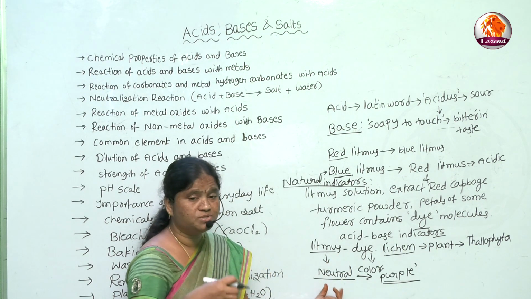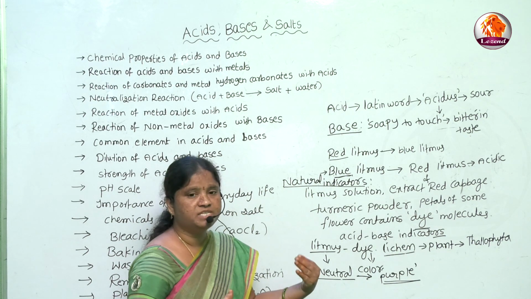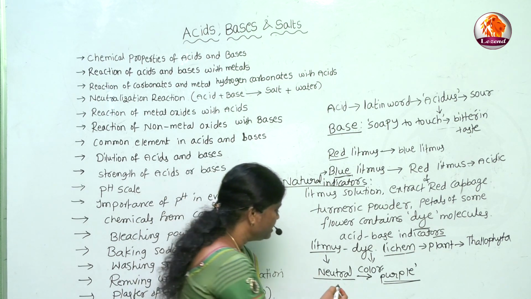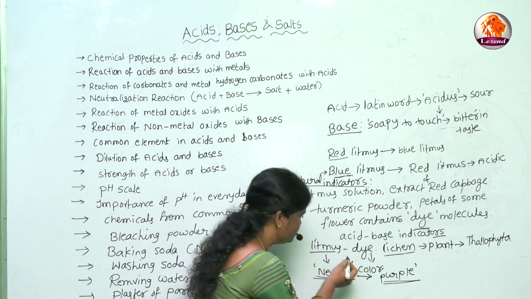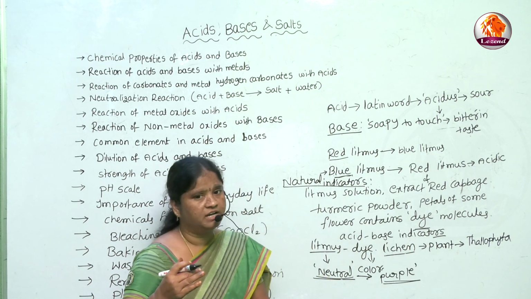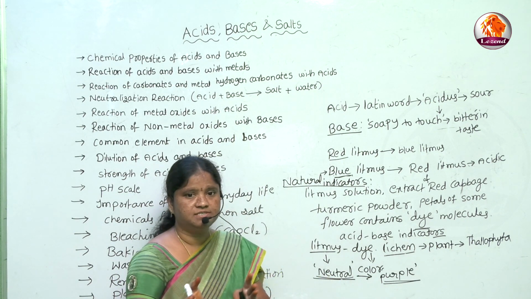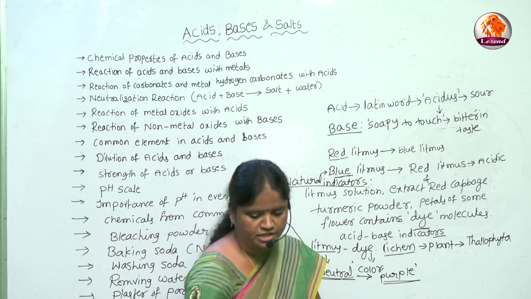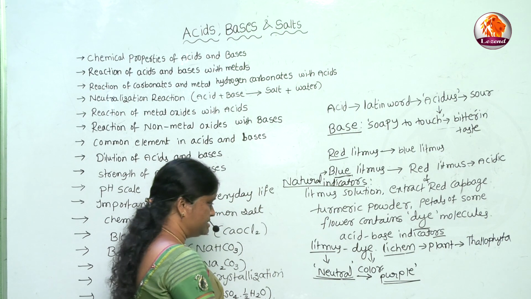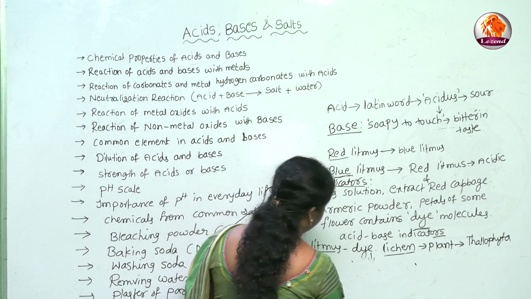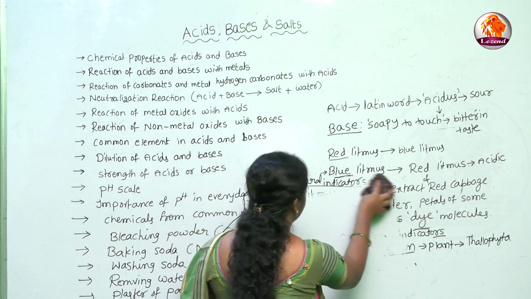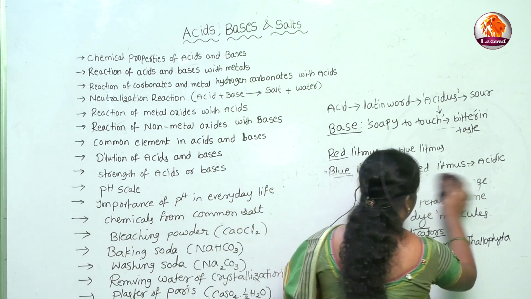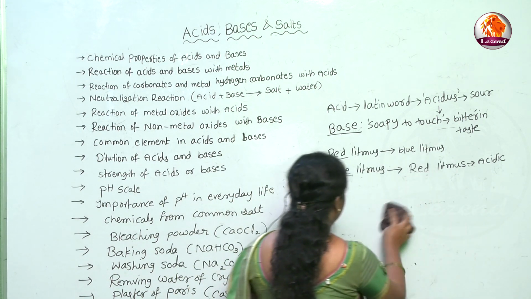If the substance shows purple color with litmus, what is the nature of the substance? Neutral, neither acidic nor basic. Then we can confirm that it is a neutral substance. Like this, we have many natural indicators in nature around us.